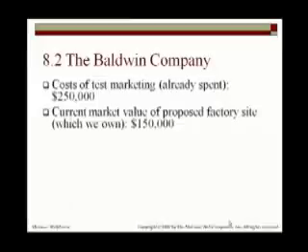Now, you may be thinking, well, since we already own it, the $150,000 value is irrelevant. But the point is this. By taking the project, we're committing the factory. And if we didn't commit the factory, we could sell it and raise the $150,000 cash. So the opportunity cost here, remember, opportunity costs matter. The opportunity cost is $150,000, and that needs to be charged to this project.